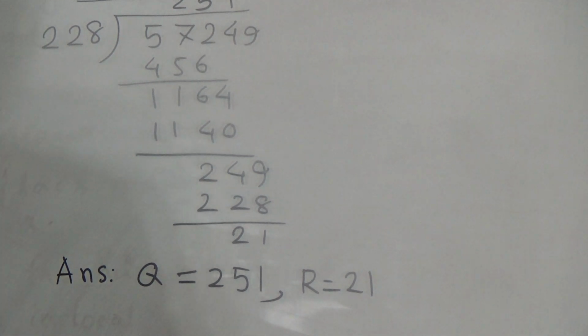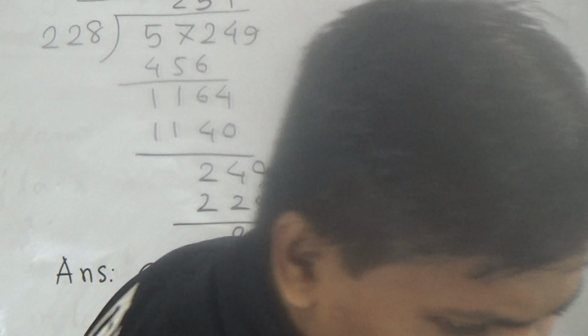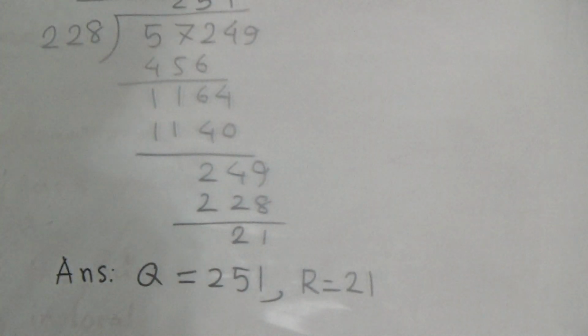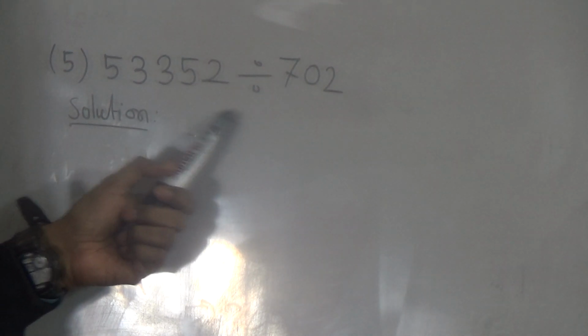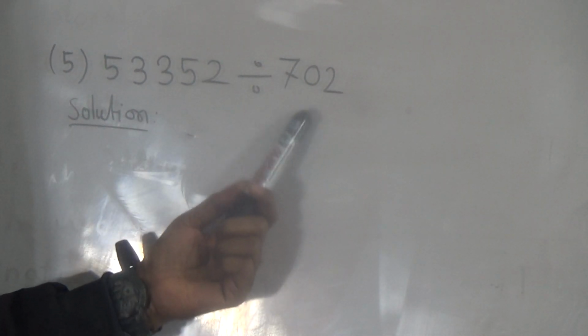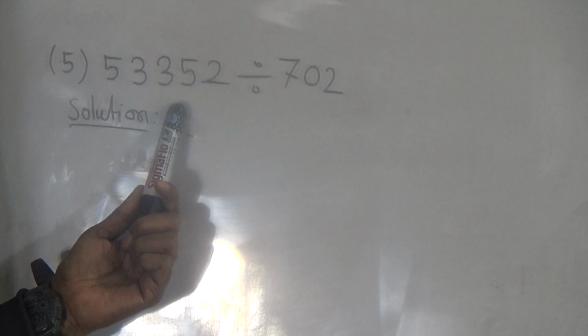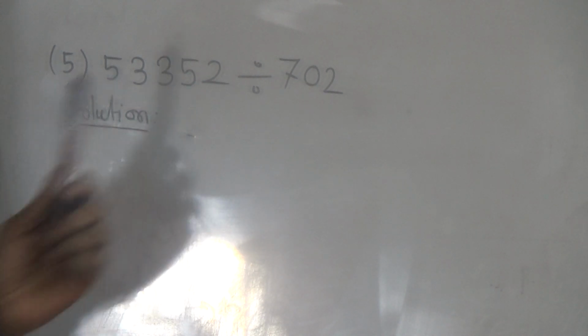Now I will solve question number 5. Okay, question number 5. You see 53,352 divided by 702. This is the divisor and this is the dividend.